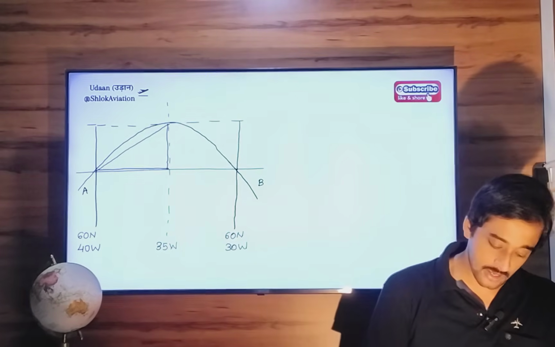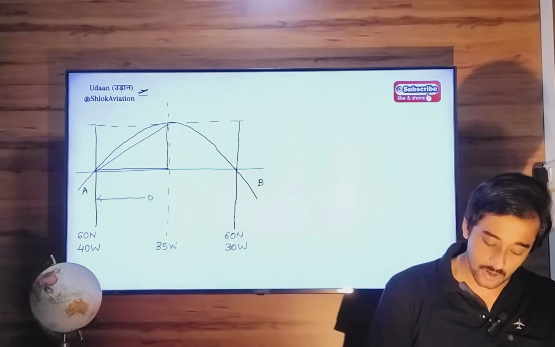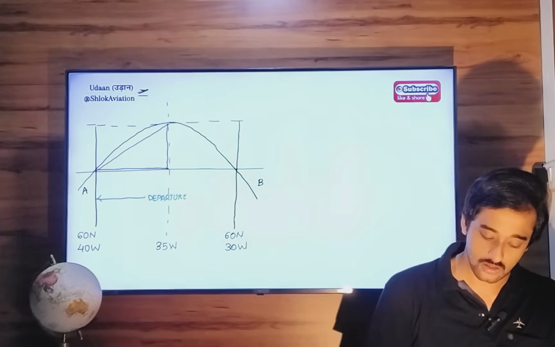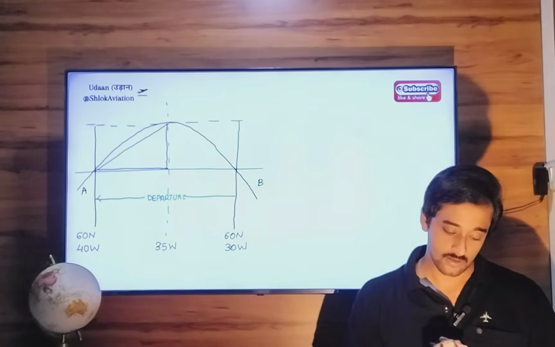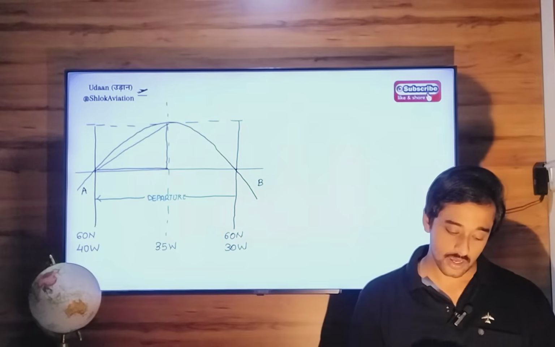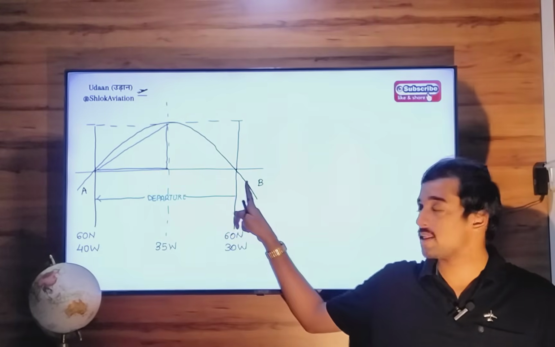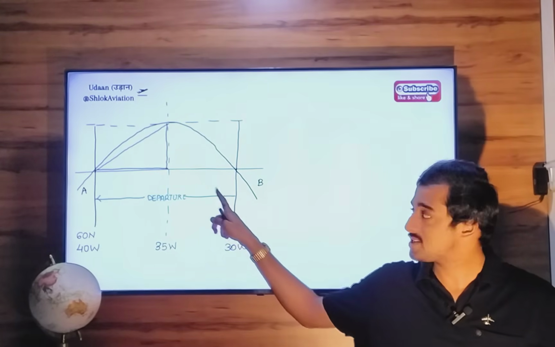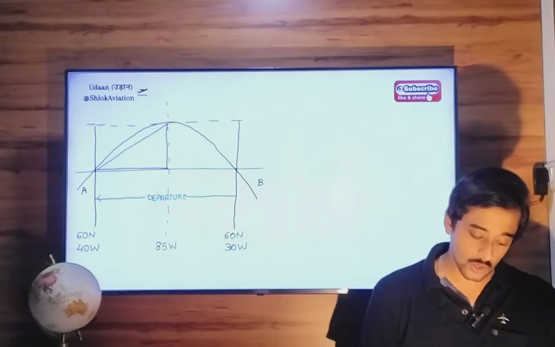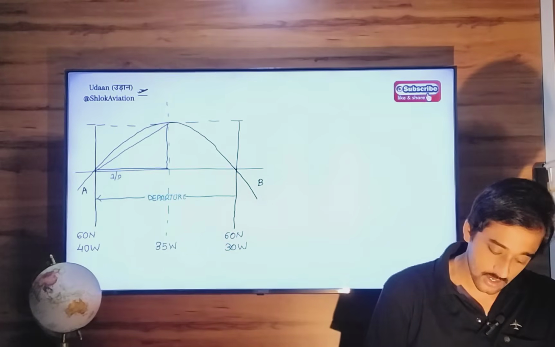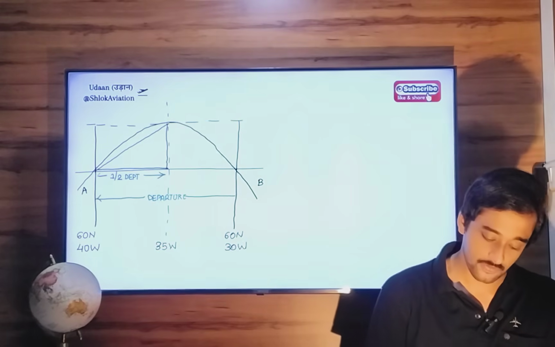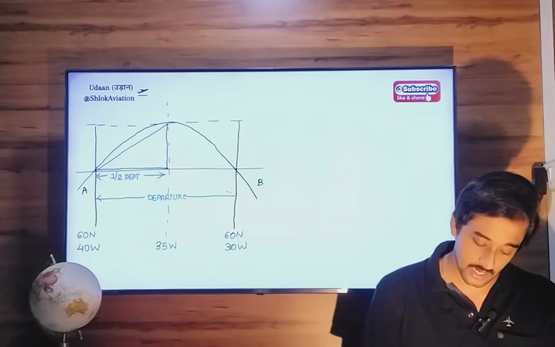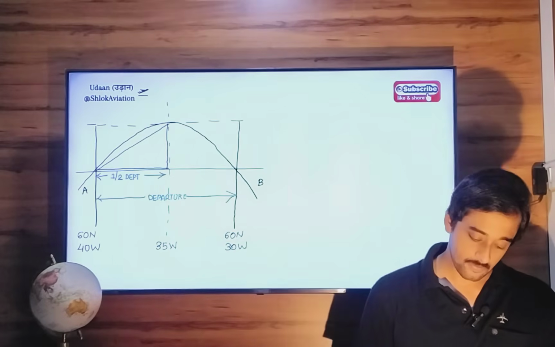The distance between A and B is the departure. So if the total A to B is the departure, then from here to here will be half of the departure.